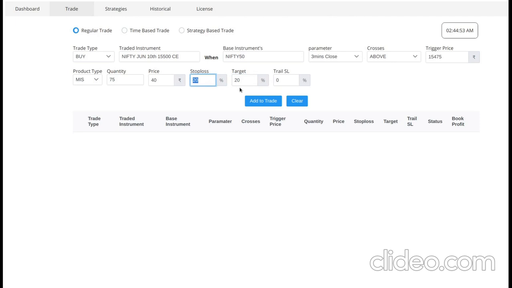So in some cases it may be executed exactly at 48 rupees, or in some cases it may be less than that, or more than that.